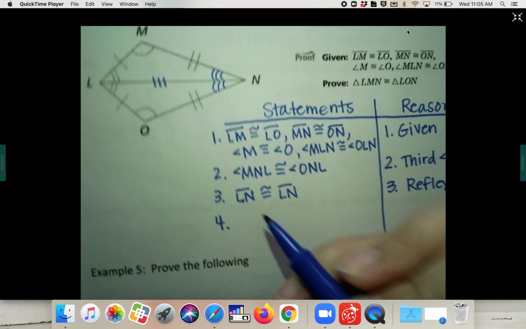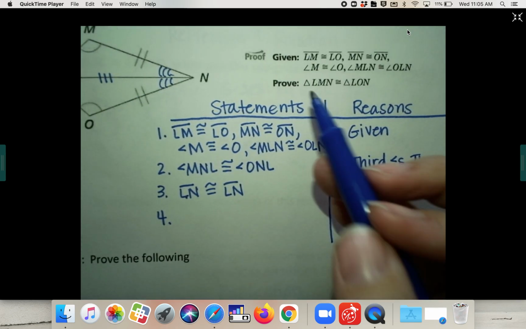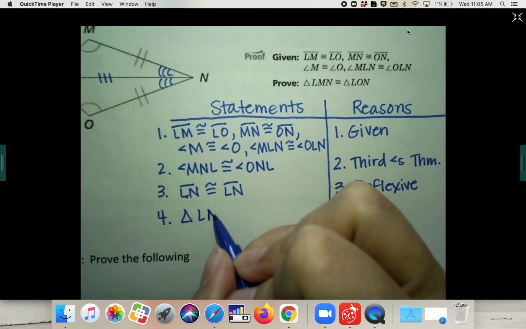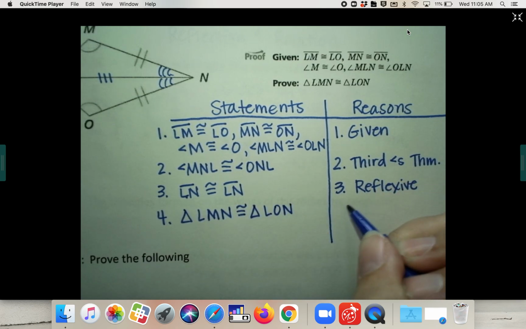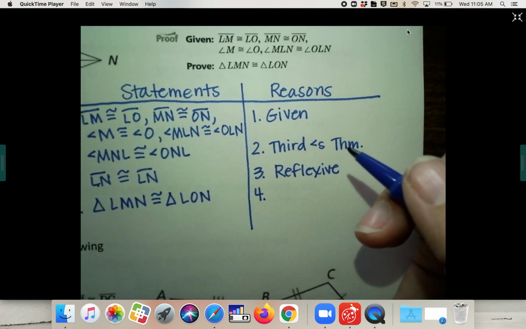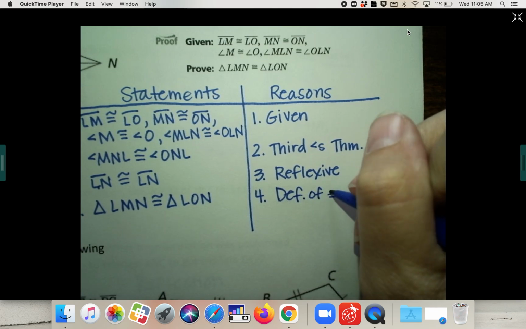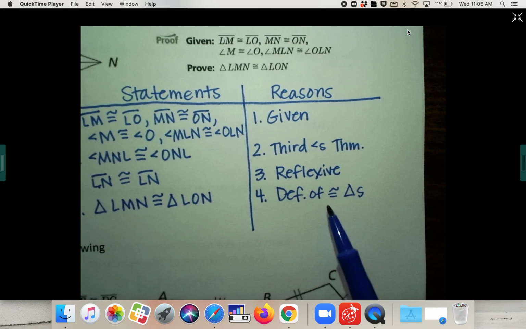Okay, and then we've proved it because all 3 angles and all 3 sides are equal. So we have now proven that triangle LMN is congruent to triangle LON, and our reason is the definition of congruent triangles, because by definition, all parts are congruent in 2 triangles that are congruent.